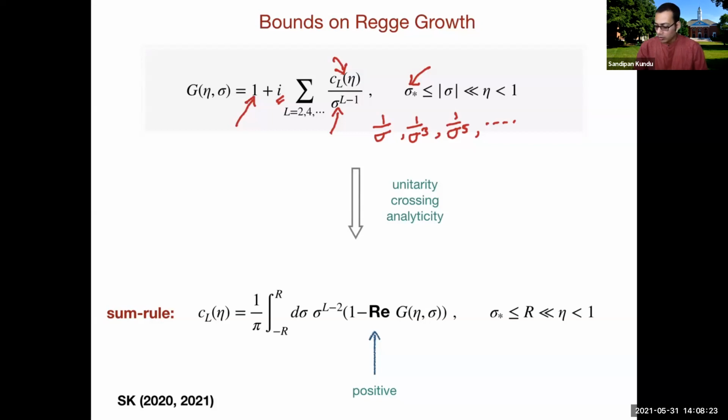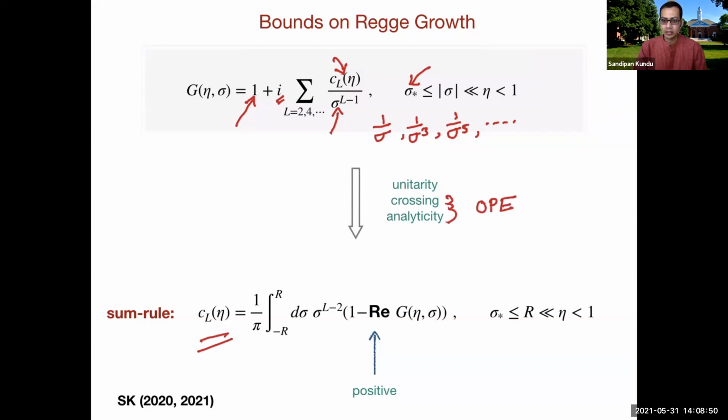Okay, so now from unitarity, crossing, and analyticity, I can write down a rigorous sum rule for this CL coefficient. Let me first talk about crossing and analyticity. These two conditions follow directly from the fact that we have an operator product expansion.